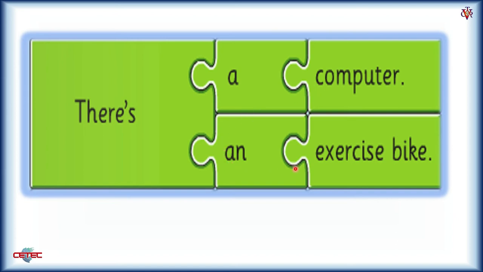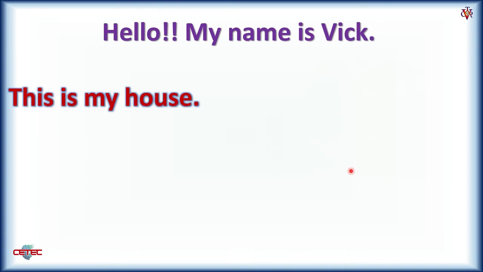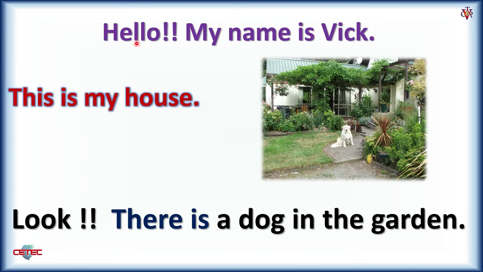And the next letter is a vowel. Here is a clear example of how we can use a or an. Don't forget that we have to use a or an to describe a singular item. Computer. It means only one. Exercise bike, only one.